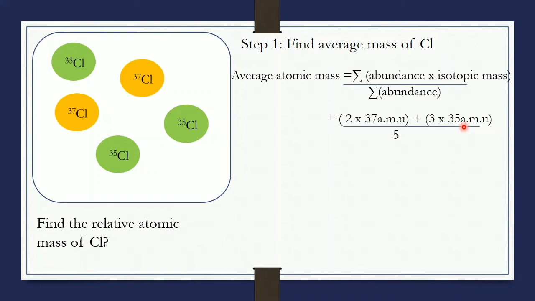Because the mass of an atom is very small, we cannot use kilogram or gram, so the unit to represent the mass of an atom is AMU. So you will get 179 AMU divided by 5. We can say that the average atomic mass of one chlorine atom is 35.8 AMU.